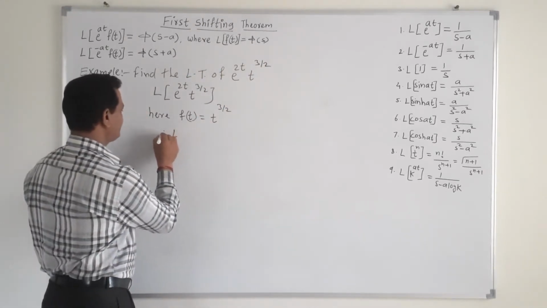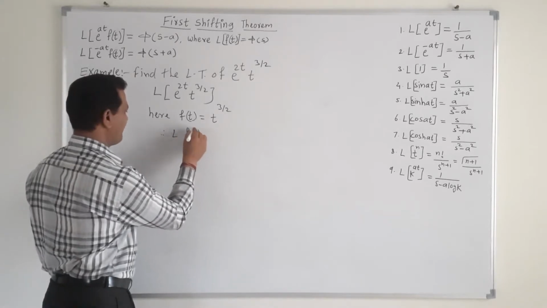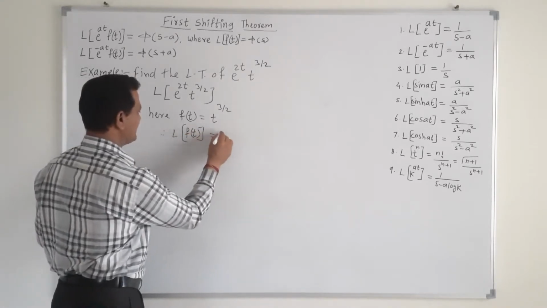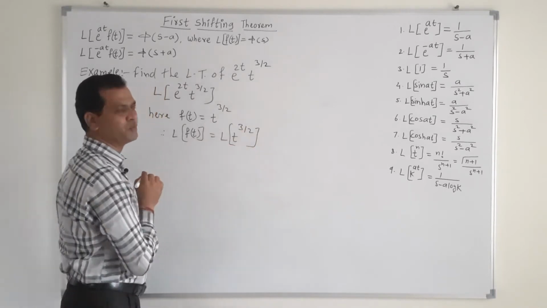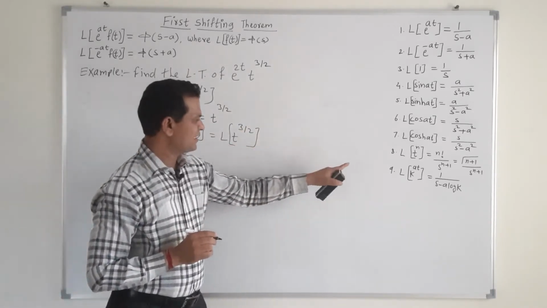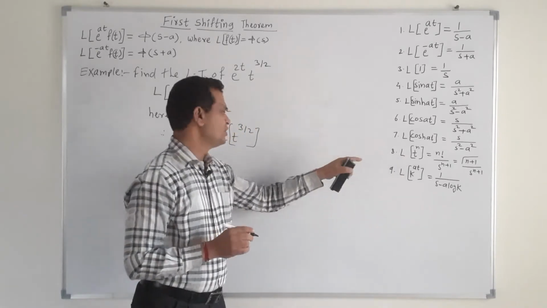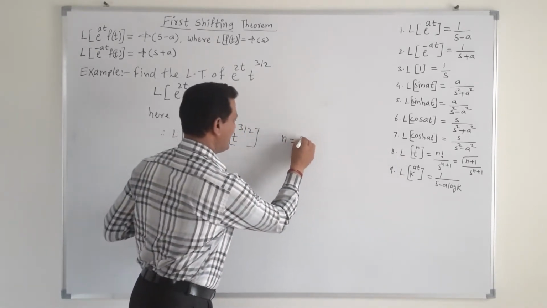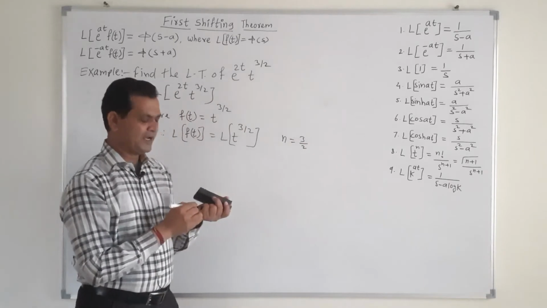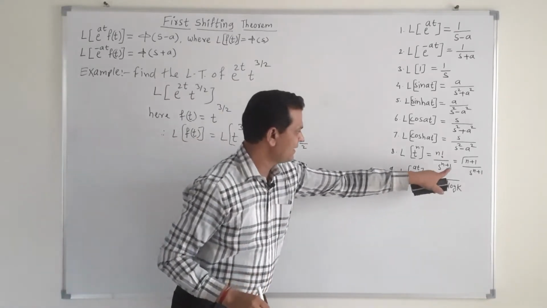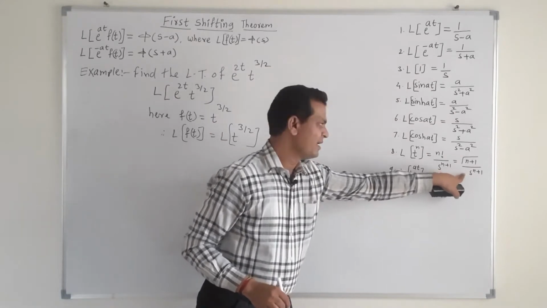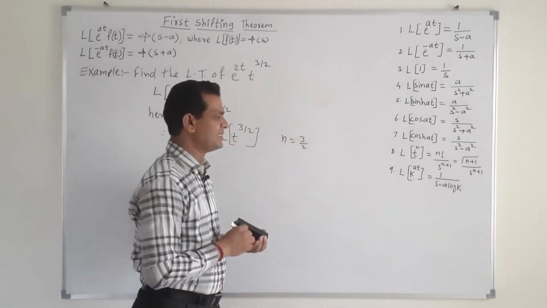So the Laplace transformation of f of t is the Laplace transformation of t raised to 3 by 2. This is of the type Laplace transformation of t raised to n, where the value of n is 3 by 2. Whenever the value of n is in the form p upon q, the result gamma function of n plus 1 upon s raised to n plus 1 is applicable.